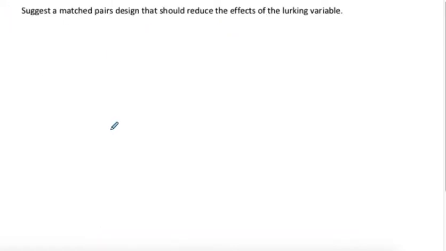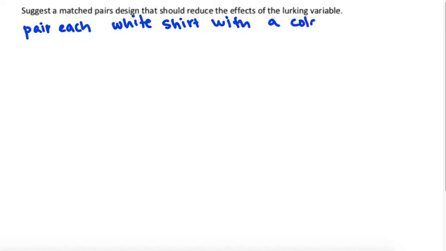Okay, on this one, we're going to think of this as a matched pair design that should reduce the effects of the lurking variable. So again, now I'm going to pair each white shirt with a colored shirt. And then assign the temperature.